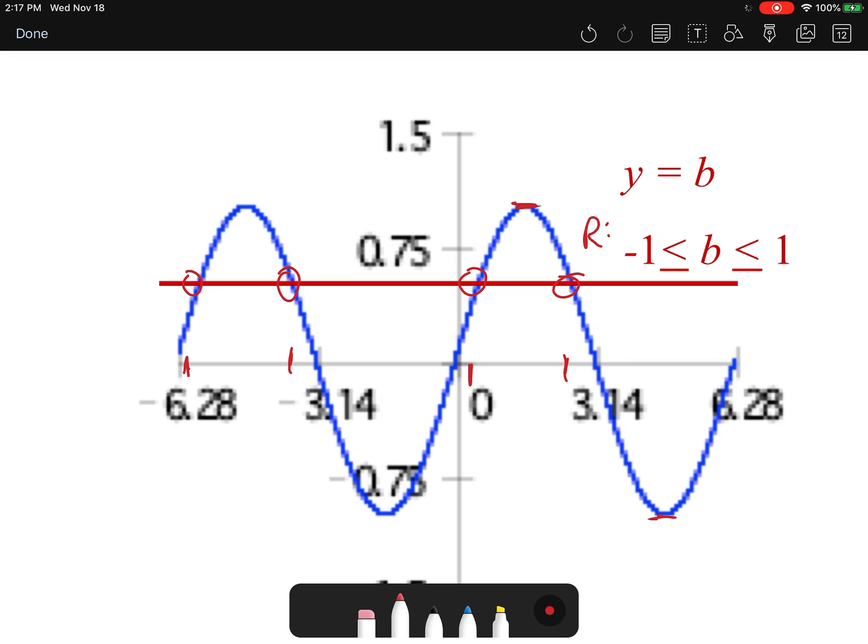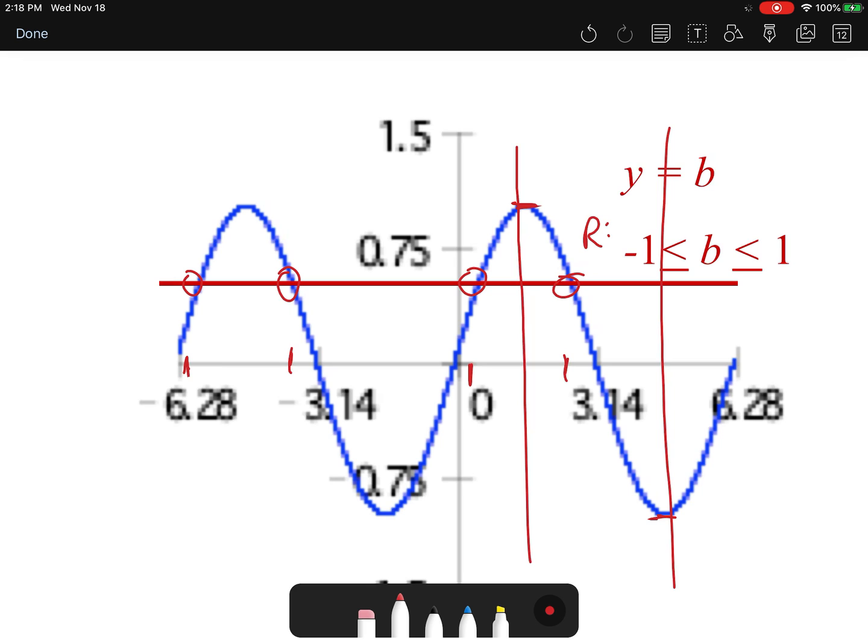It just doesn't work. Because we have multiple x's for one y, which means if we take the inverse of that, we'd have one y mapping to multiple x's, so that wouldn't be a function. So what we have to do is we have to limit it.